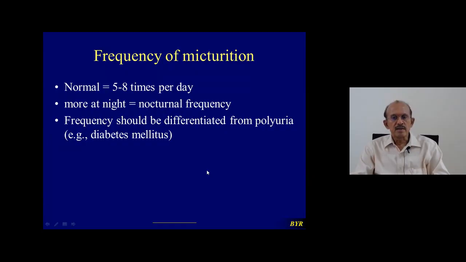But if the quantity is more than 2.5 liters and the patient is passing urine more times, then you call it polyuria. Tell me, what are the common causes of polyuria? Of course, I have mentioned diabetes mellitus. Tell me another. Very good, diabetes insipidus.